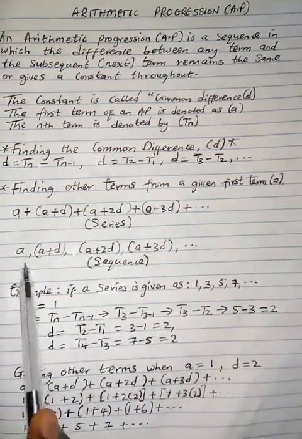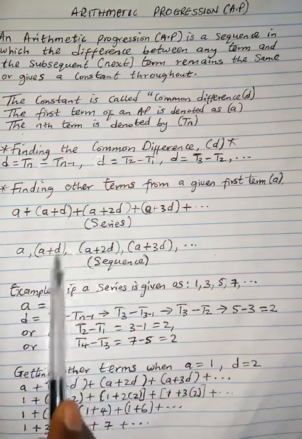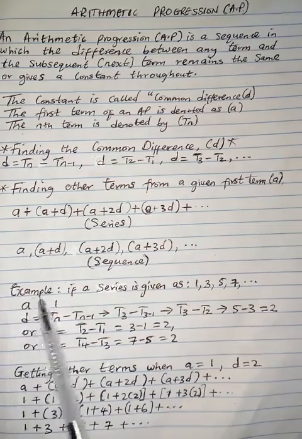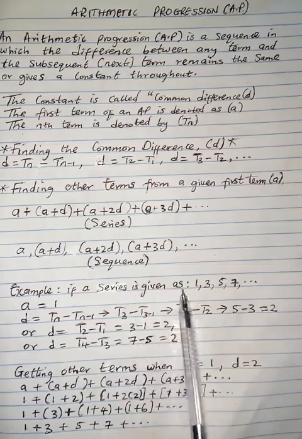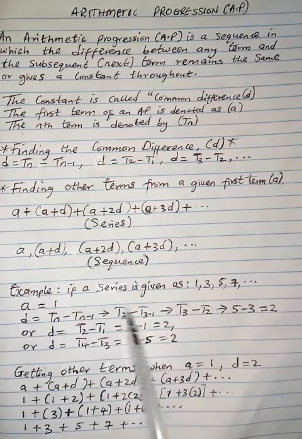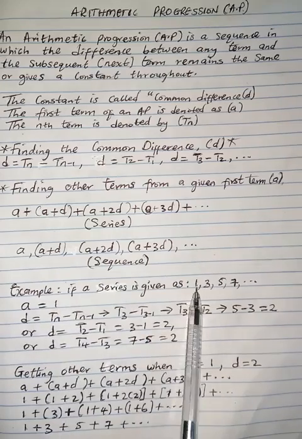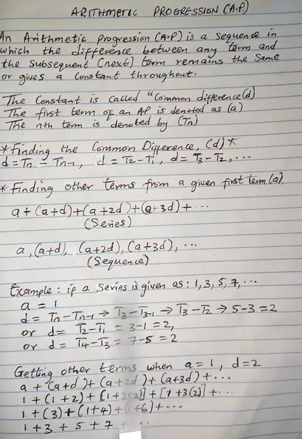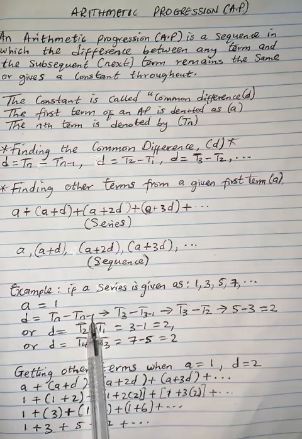Now, the terms are separated with commas. Example: if a series is given as 1, 3, 5, 7, A is equal to 1. That's the first term there. Now D is equal to Tn minus Tn minus 1.